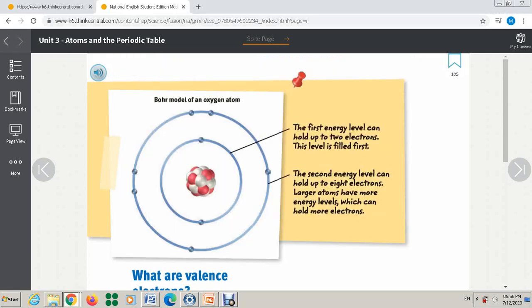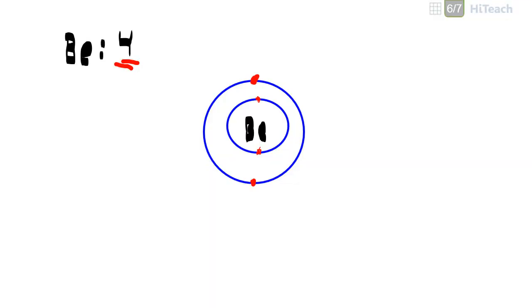Okay, let's continue talking about this model. If I want to write this arrangement as written, for Be, beryllium, you know it's 4, right? I want to write it, not draw the Bohr model. So the first energy level can hold up to 2. Just write 2.